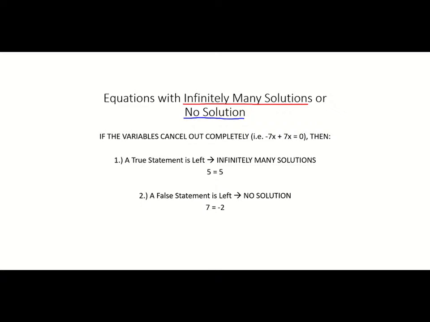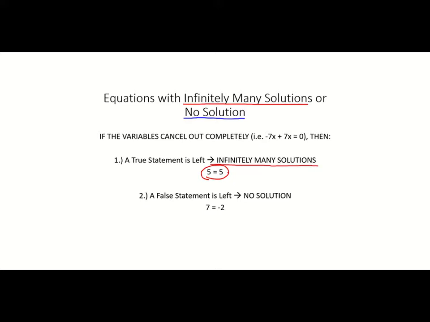You either will have a true statement or a false statement left. So I first want to take a look at a true statement. A true statement would be something like 5 equals 5. If something like that were to occur, your variables are gone, but you have a number equal to itself, that's true. That would mean that our answer is going to be infinitely many solutions to the equation.